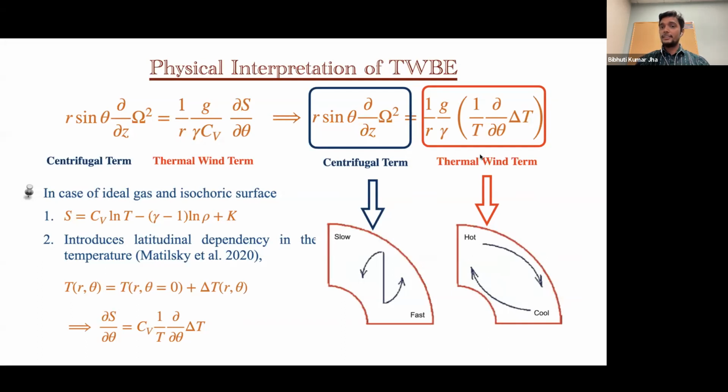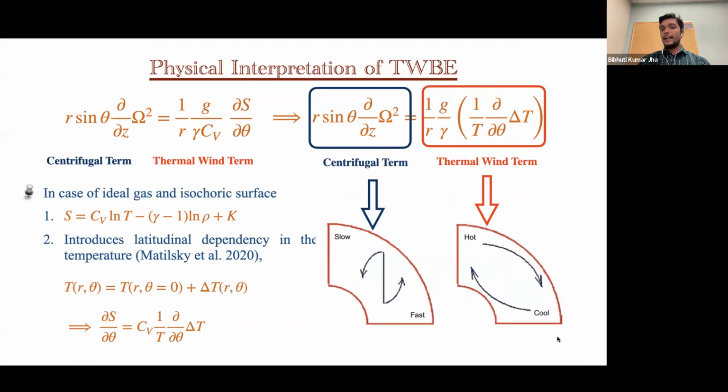Now, as I mentioned, the heat transfer is more efficient in the direction of the rotation axis, so we expect the pole is slightly hotter. If that is the case, we can say that the thermal wind term tries to move the plasma from the pole to the equator.